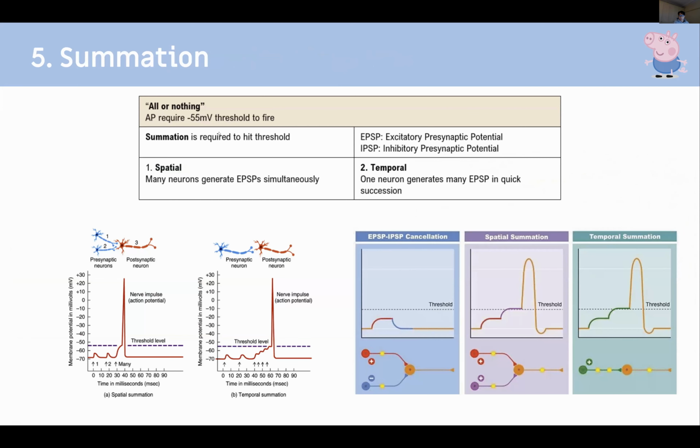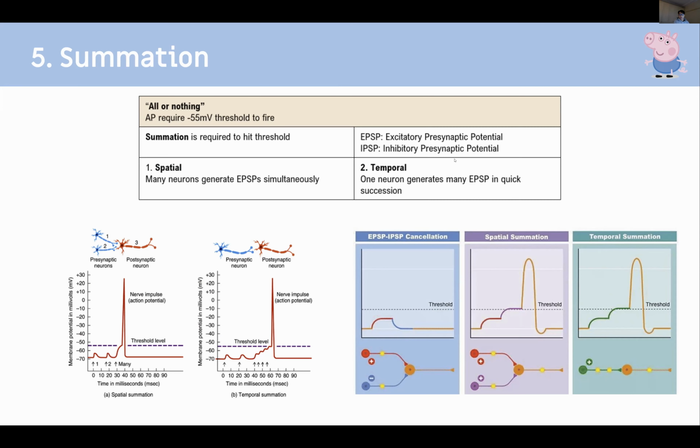To create an action potential, or reach our threshold of -55 millivolts to fire an action potential, we actually need multiple graded potentials. A process called summation is required to hit this threshold. We have excitatory presynaptic neurons and also inhibitory presynaptic neurons.